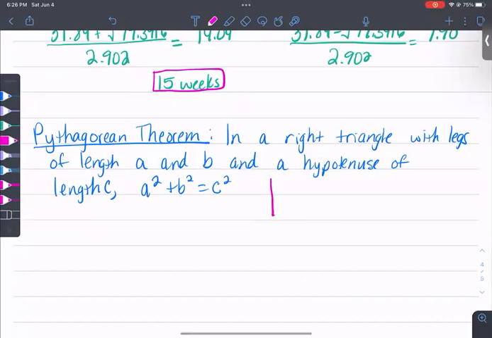So that would look like this kind of triangle. A and B would be the two legs, and C would be the hypotenuse across from the right angle.